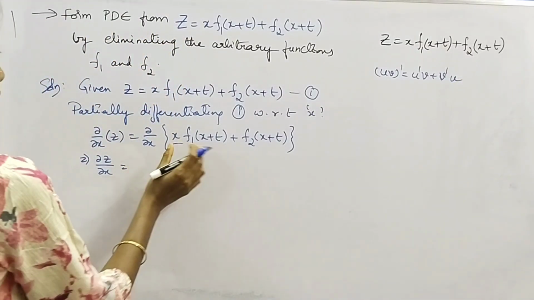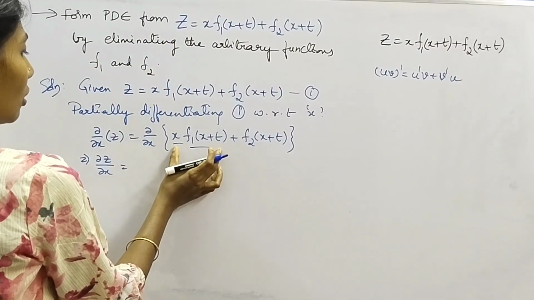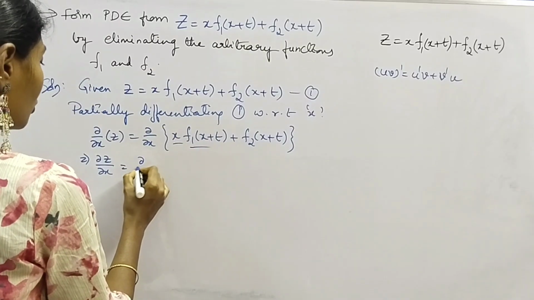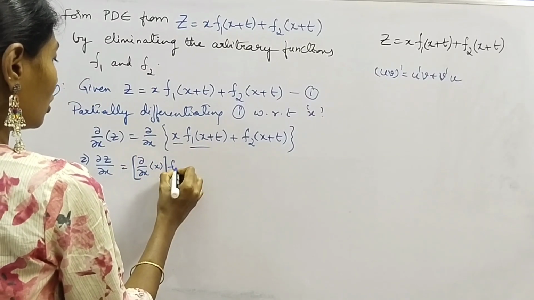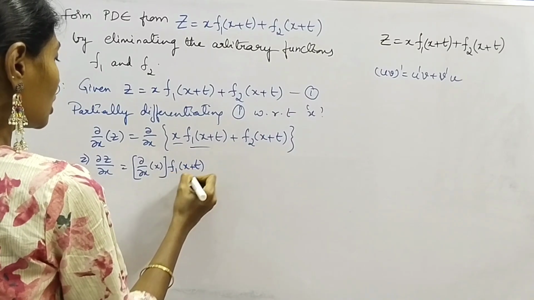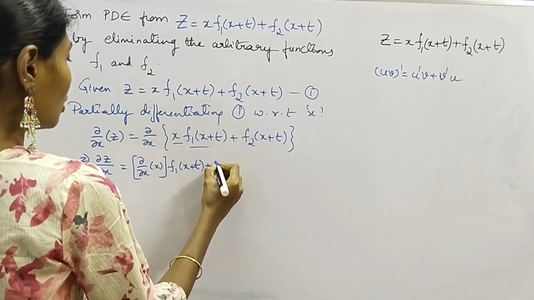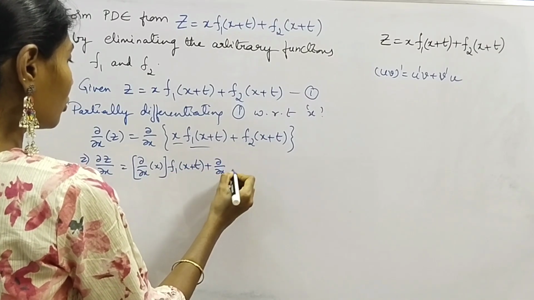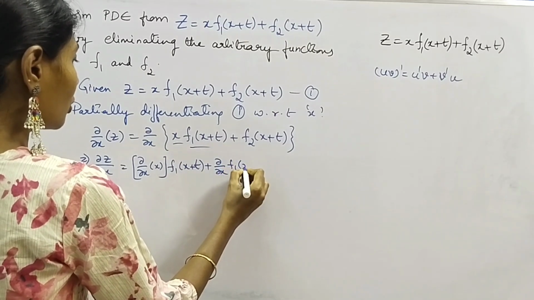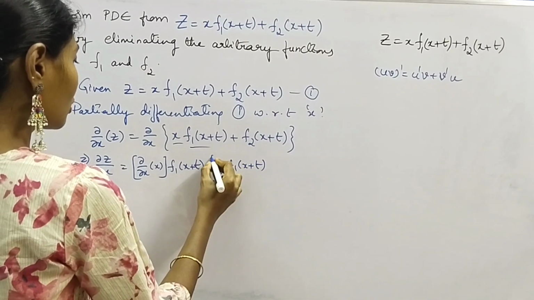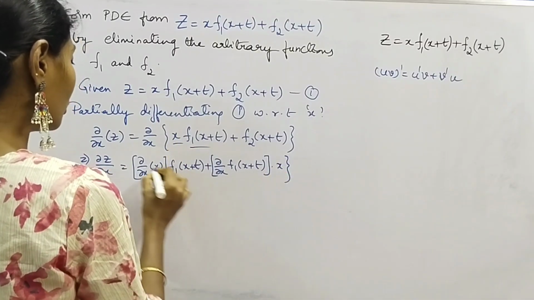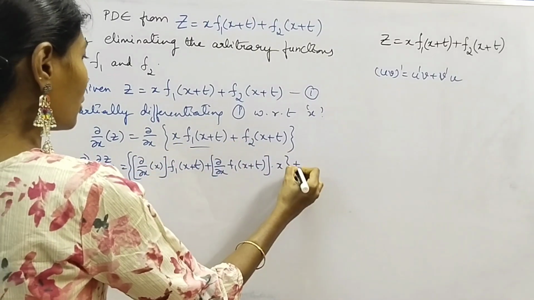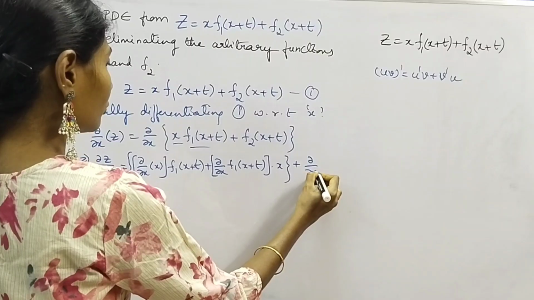So you'll get the partial derivative of the first term, that is dou by dou x of x into f1 of x plus t plus the partial derivative of f1 of x plus t into this x, okay, plus the partial derivative of the second term.